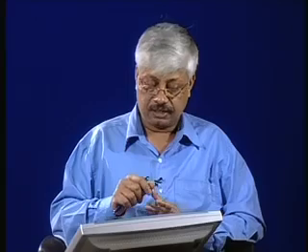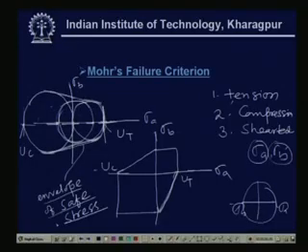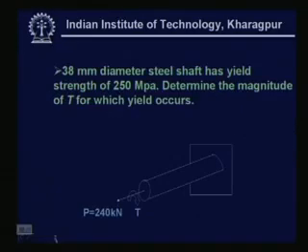For the ductile material, the two popular theories are the maximum shear stress theory and the distortion energy theory. For the brittle material, we consider Mohr's failure criteria and the maximum normal stress theory. So these are very important.